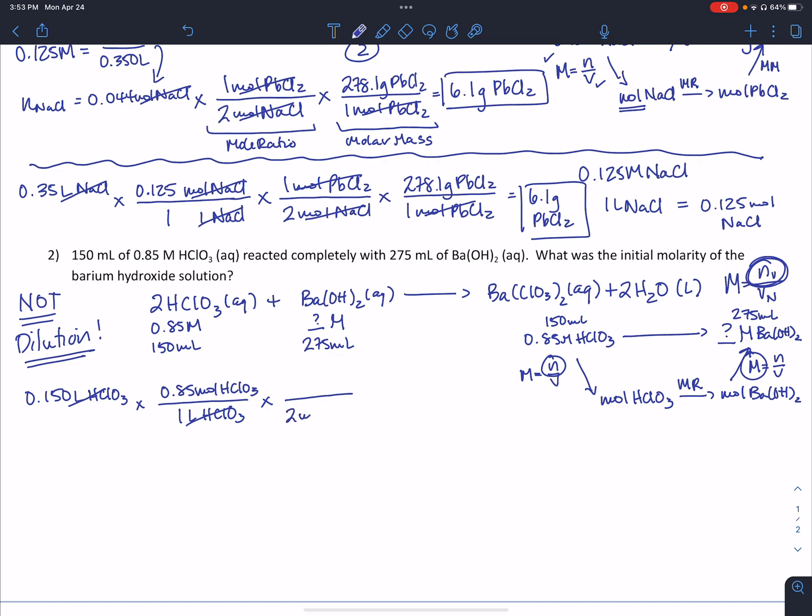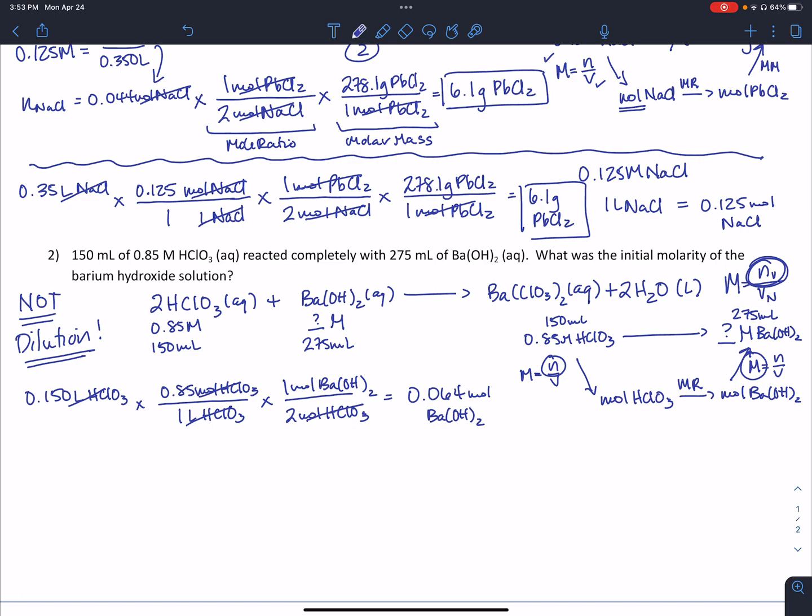For every 2 moles of the chloric acid, I need 1 mole of the barium hydroxide. That's going to get me moles, and that's really as far as I can go with the stoichiometry. I'm going to need to use my formula for the second part. If I plug in these values and calculate, I get 0.064 moles of the Ba(OH)2.